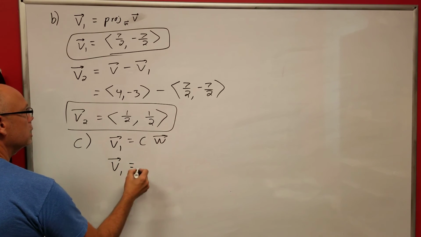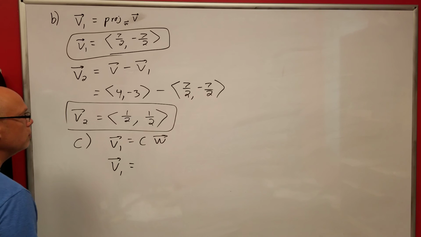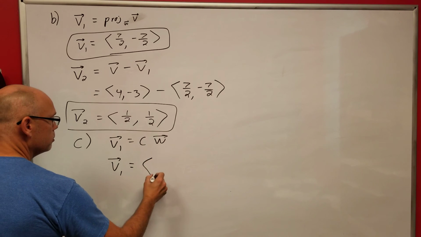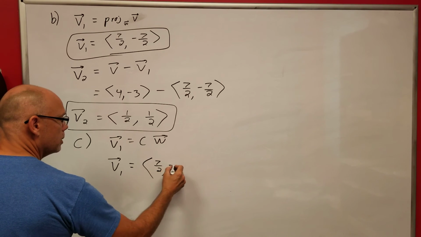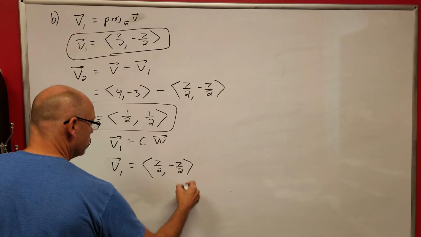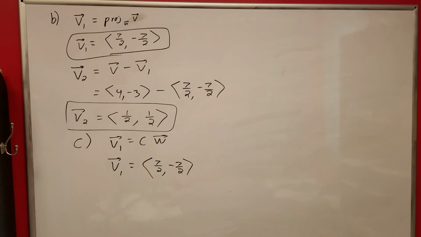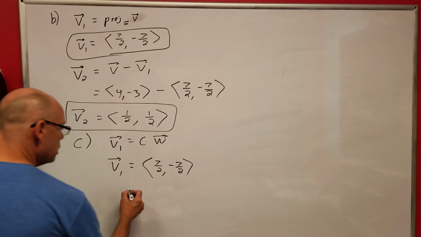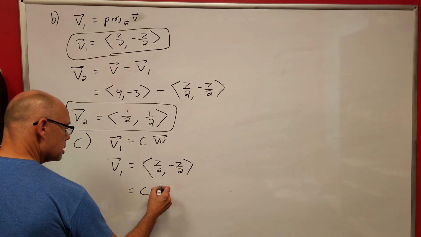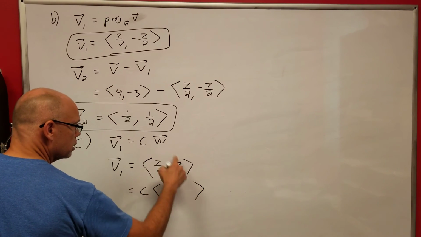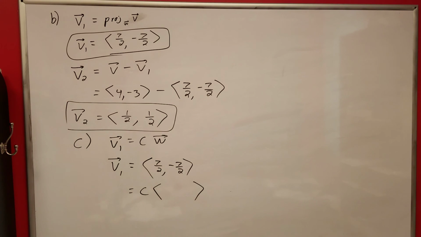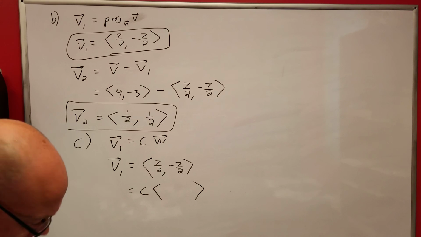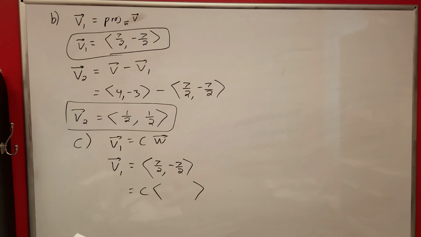What was V1 equal to? 7 halves comma negative 7 halves. We calculated that in part A, right? So let me see if I can write this as some constant C times vector W. Now what was vector W? I have to go back to my notes because I had to erase it on this little small board.